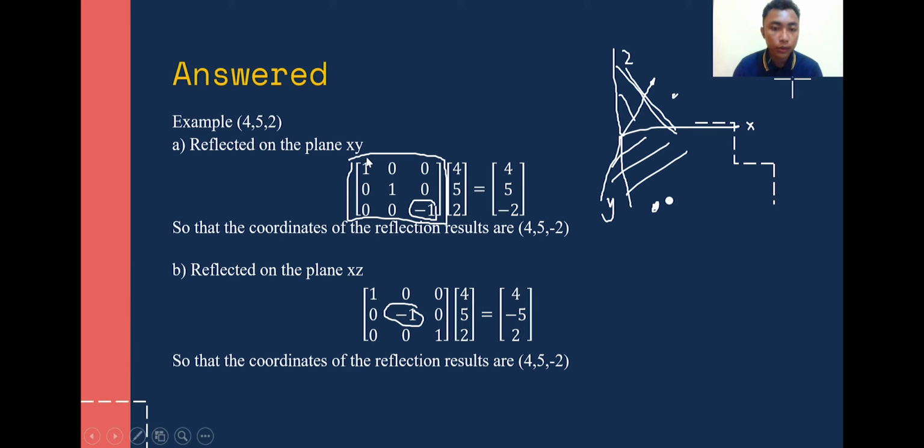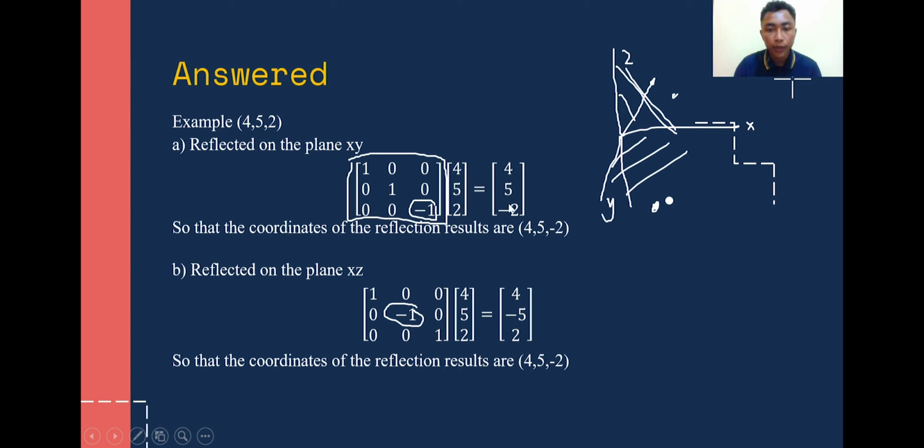So from part A, the reflection in the plane x, y, the formula is like this. This makes the diagonal matrix 1, 1, and minus 1, and we can do the matrix multiplication: 1 multiplied by 4 plus 0 multiplied by 5 plus 0 multiplied by 2, and the result will be 4.